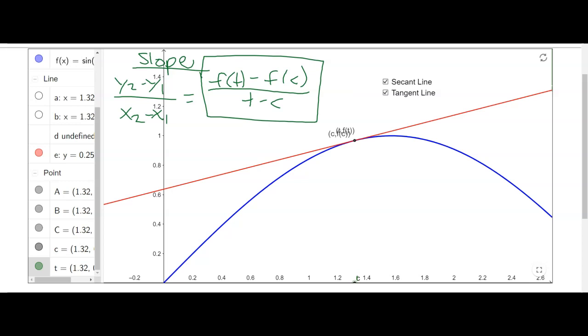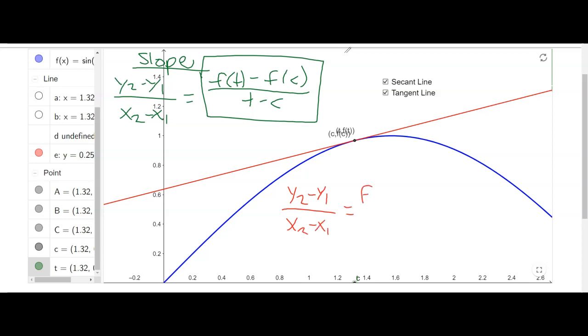Let's see why this isn't going to work, right? Because I still have these 2 points, c comma f of c and t comma f of t. But let's see what happens when I substitute those into the slope formula. So again, I get f of t minus f of c divided by t minus c.